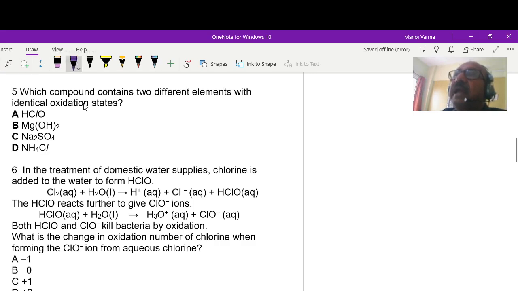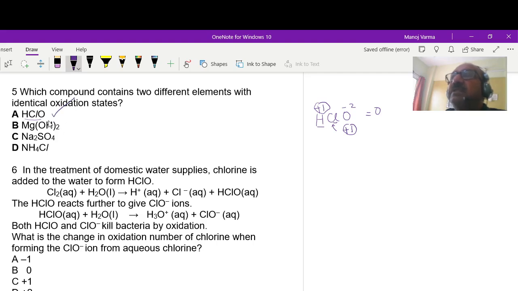If you take HClO, let me write this here, H, Cl and O. Now oxygen is obviously -2 and hydrogen is +1. So chlorine should also be +1, because +1 +1 -2 adds up to 0. So see, hydrogen and chlorine both have the +1 oxidation state or oxidation number. So this itself is the correct answer.